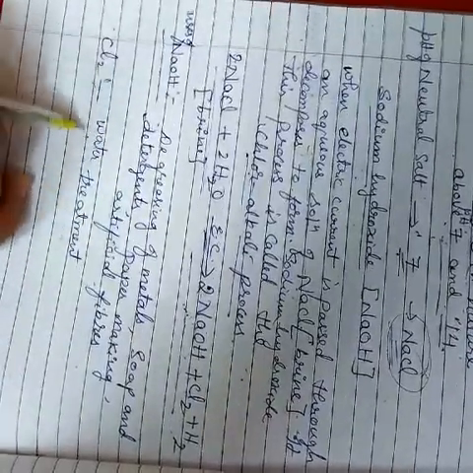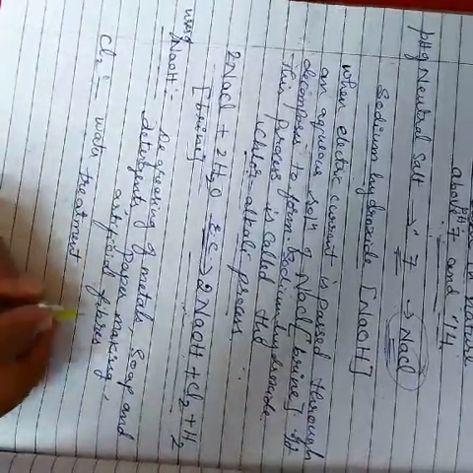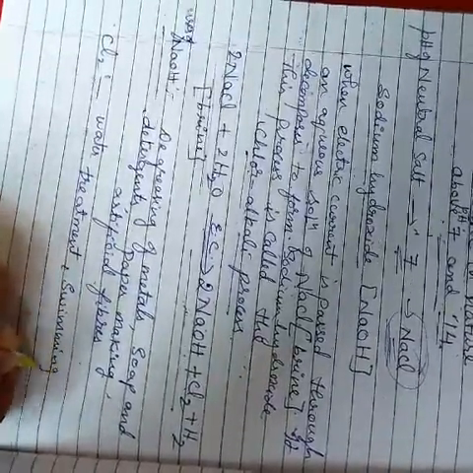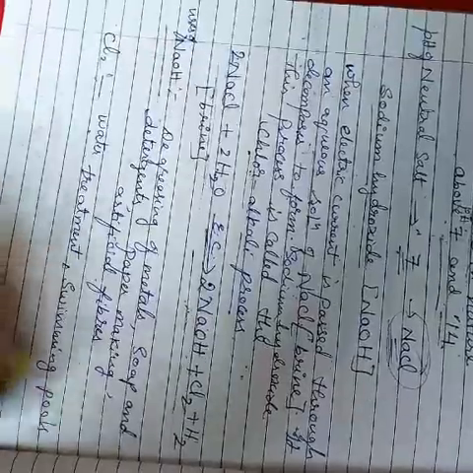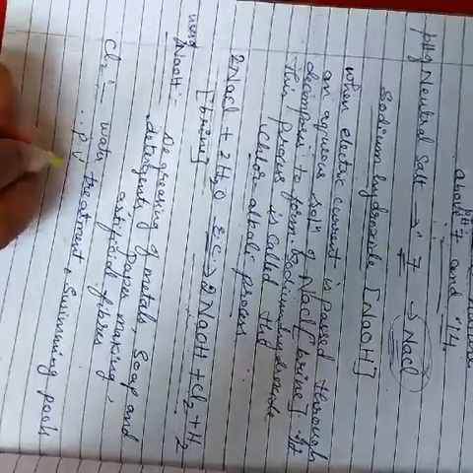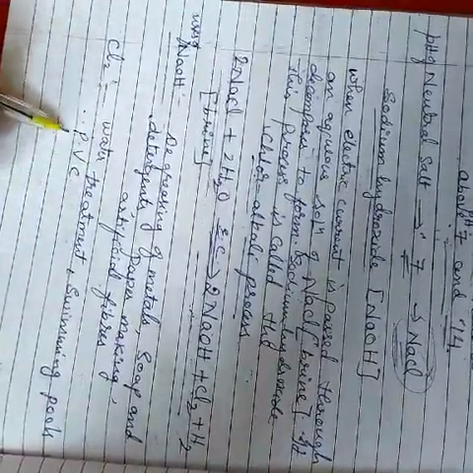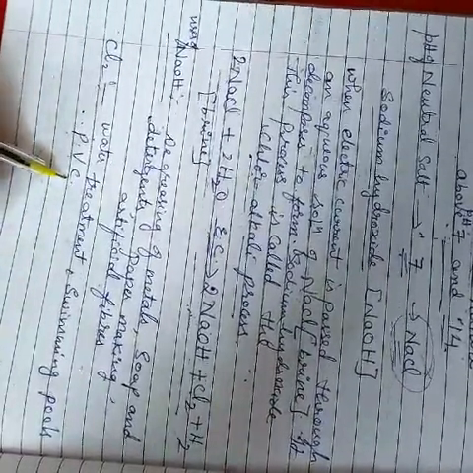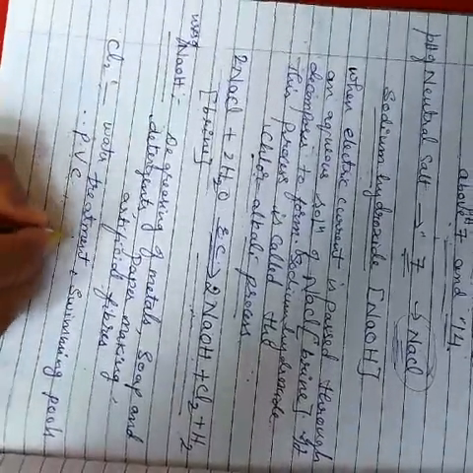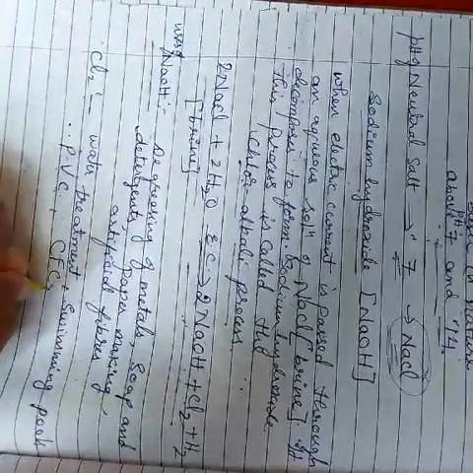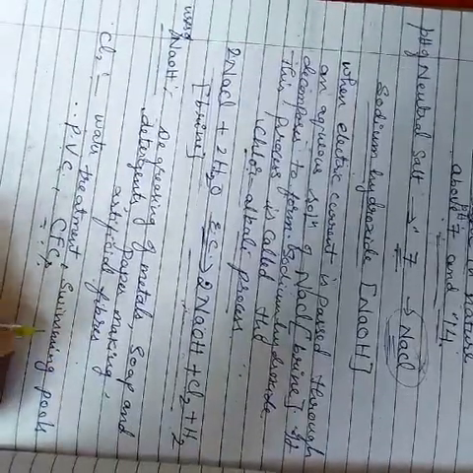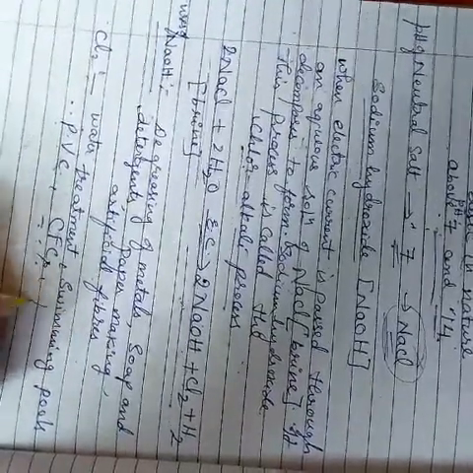That's why it is used in water treatment, swimming pools, and PVC pipes. PVC means polyvinyl chloride; chloride is used here, so chlorine is used. Also in making CFC gases, chlorofluorocarbons, where chloro means chlorine, and pesticides.